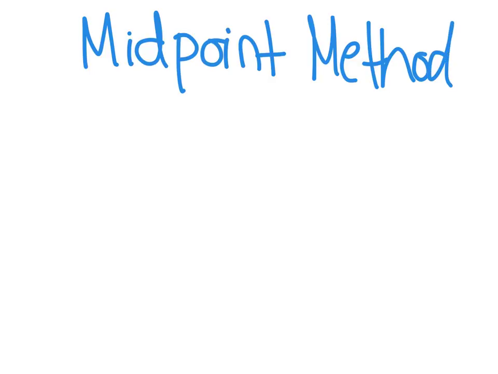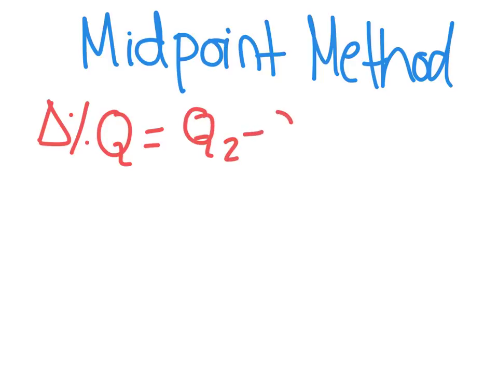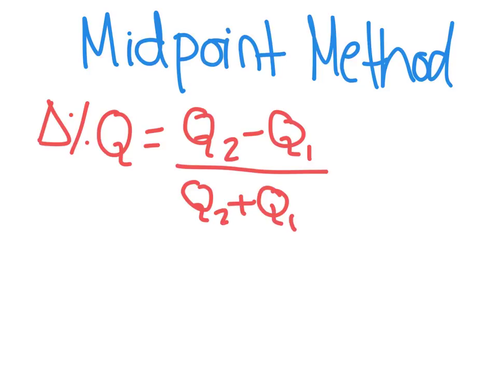So the midpoint method. If you wanted to calculate the percentage change in the quantity, it would equal Q2 minus Q1. Actually, it doesn't matter which Q you take first, because you would take the absolute value, over (Q2 plus Q1) divided by 2.